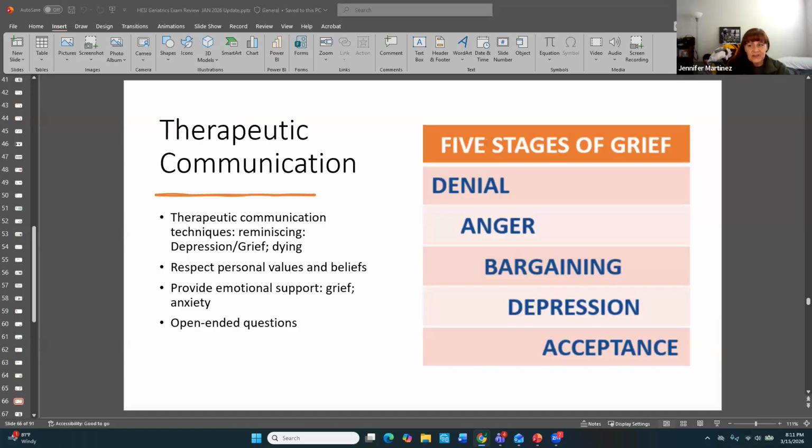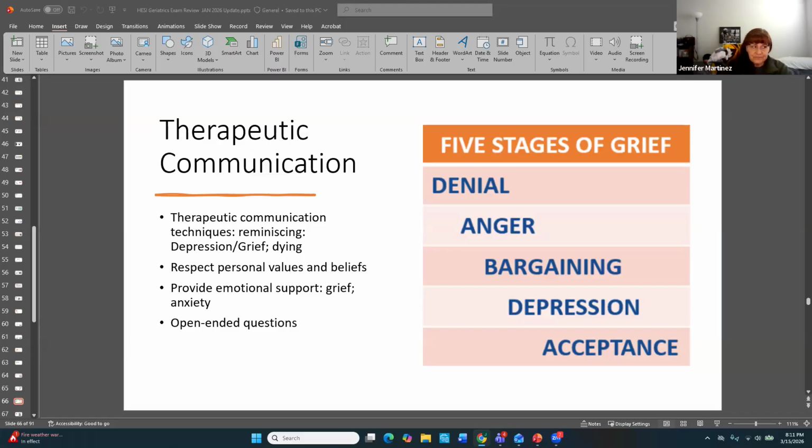But therapeutic communication, right? This is something that we should use with all of our clients, whether they're young, whether they're old. And so some of the techniques that we can use, reminiscing is a big one. Also looking at the 5 stages of grief, which can occur for a variety of reasons, whether it's a new diagnosis, whether it's a loss of a relative or a family member.